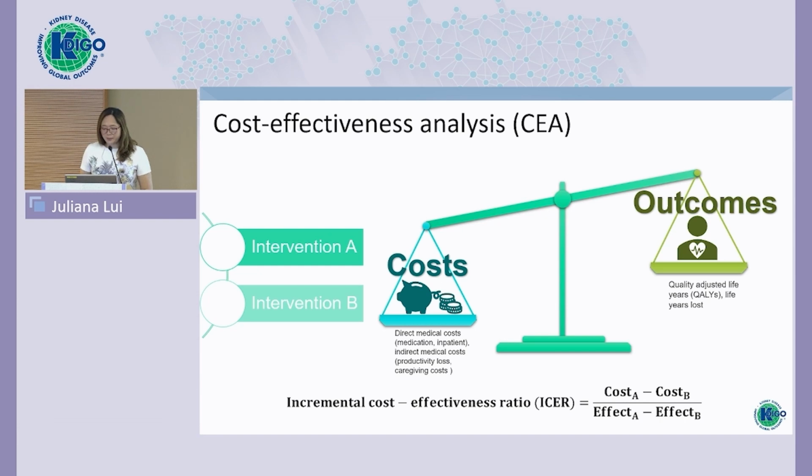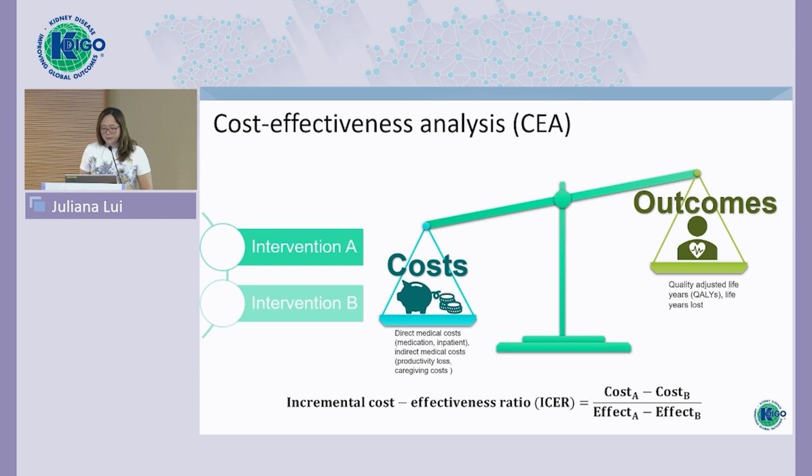So we take a comparative methodology and measure the incremental cost effectiveness ratio, which we call ICER. This is the difference of cost spent over the difference in health outcomes to provide a ratio of extra cost per extra unit of health effect for the more expensive therapy versus the alternative.